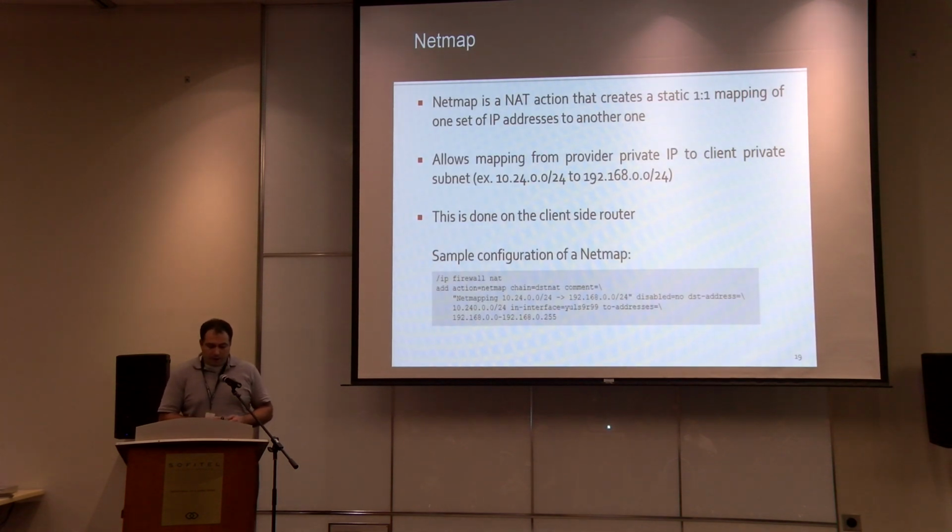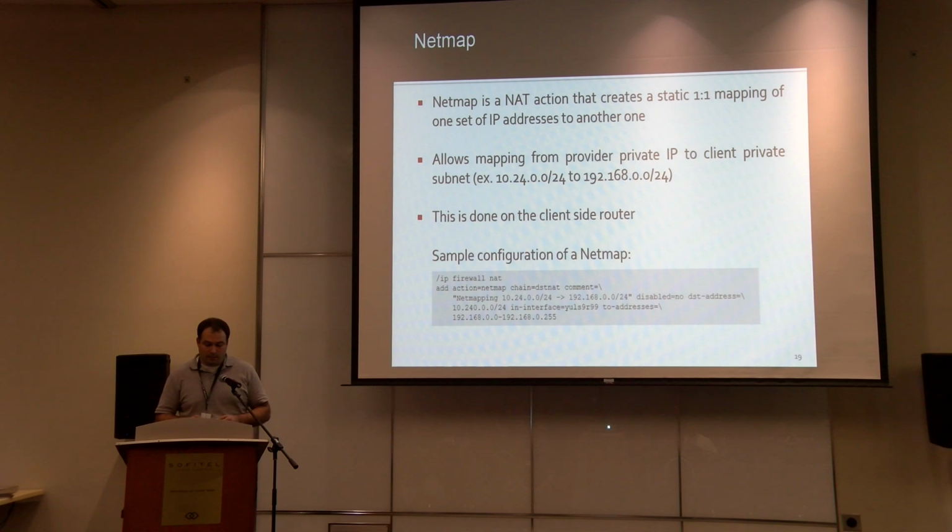So the Netmap that we're using, the Netmap is a NAT action that creates a static one-on-one mapping of one set of IP addresses to another. So it allows us to map from provider private IPs to client private subnets.